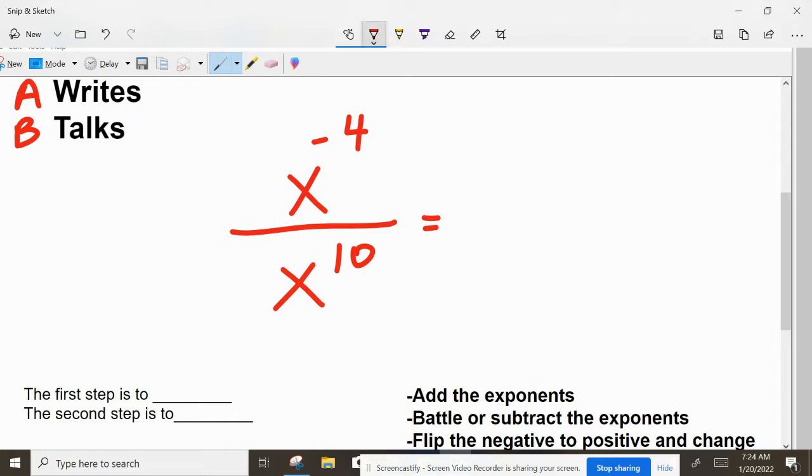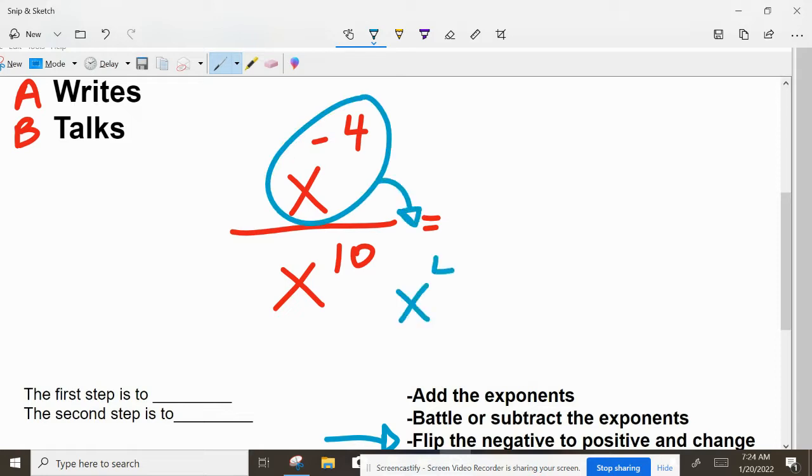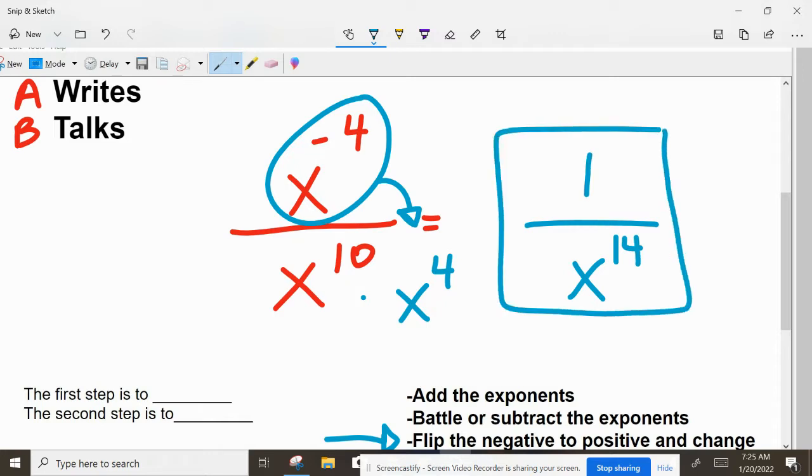Hopefully you realize that you need to handle your business with this step right here. You need to flip the negative to make it positive. This needs to flip sides. It cannot stay negative. In order to do that, you make it positive, but it has to flip. Now, how many x's are on the bottom? There's 14. Okay. 1 on top. There you go. 1 over x to the 14th.